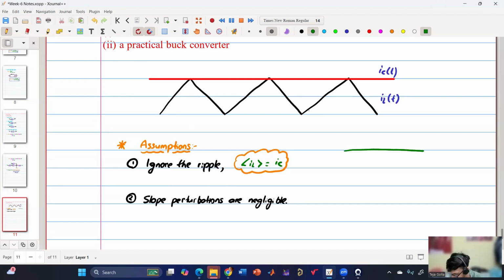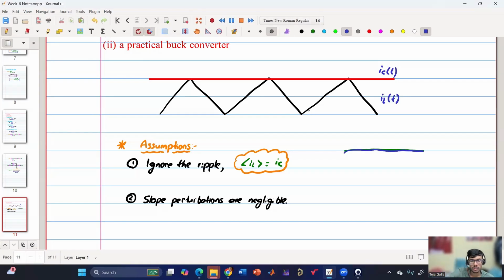The ripple is negligible, so you can say that the inductor current is also closely matching this. Both become equal because the ripple is very, very small. Okay, fine. Understood. And also because we don't want the slope to change much, the slope perturbations are considered negligible. So there is no change in the slope as such. These are the assumptions with which we are going to start our modeling, and then we'll proceed.